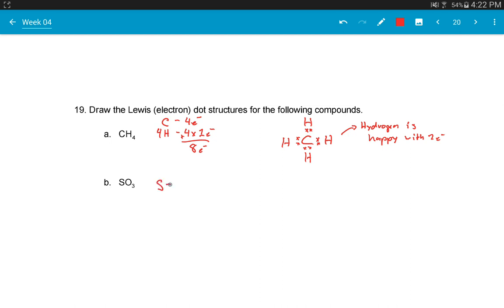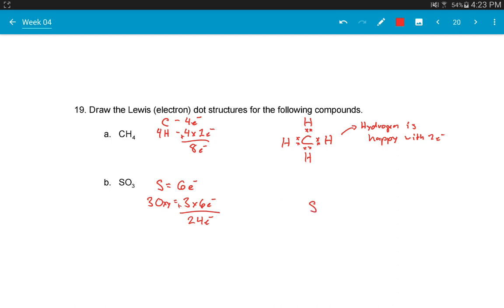So we look at the sulfur, and sulfur is 6 columns from the left-hand side. It brings 6 electrons to the party. We have 3 oxygens. Each one of these brings 6 electrons as well. And 3 times 6 is 18, plus 6 is 24 electrons total.